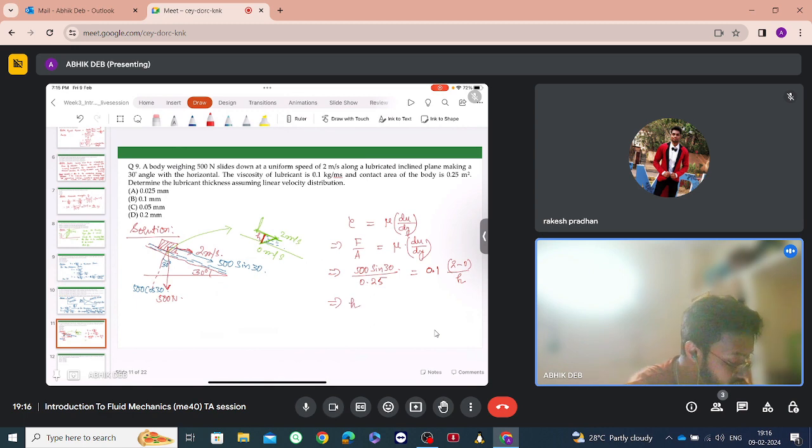So what is the value of h? h is 0.1 into 2 into 0.25 by 500 sin 30. Sin 30 is essentially half, so we will get this value to be 0.0002 meters or 0.2 millimeters. So 0.2 millimeters is the thickness of the lubrication that is required for the body to be moving down at this velocity. If there is any doubt in this, you can ask.